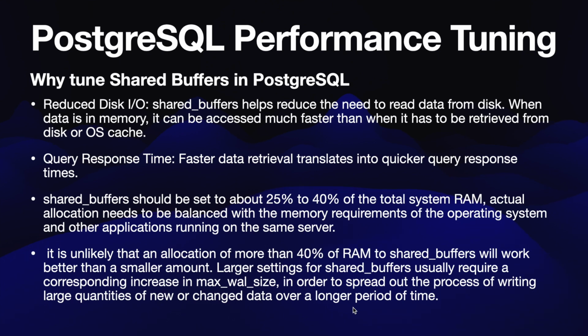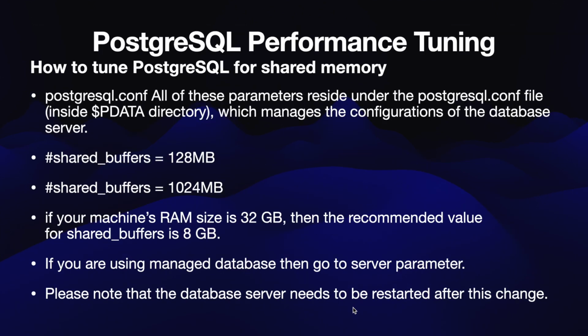And in the next slide I will be discussing how to set it. If you are managing it yourself, that is, you have installed the PostgreSQL database server yourself, then you need to go to the postgresql.conf configuration file, and usually the location of the conf file will be inside the data directory.